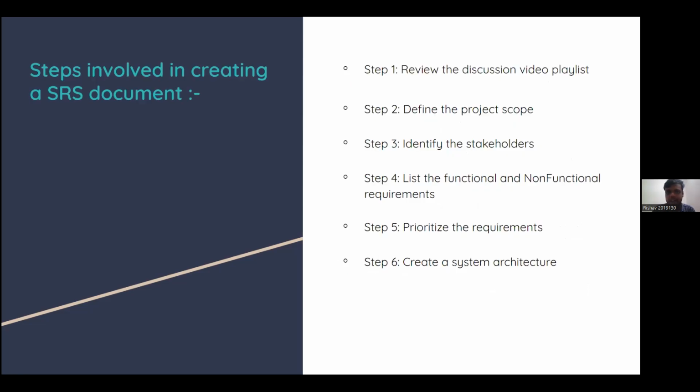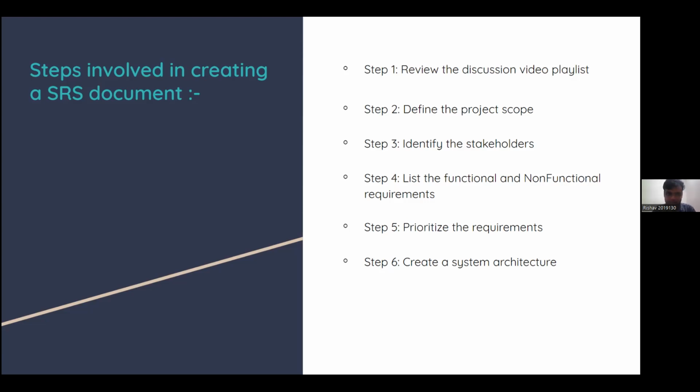And after that, the steps involved in creating an SRS document. Step one was to review the discussion video playlist, go through the full playlist and look at what it is showing. Then define the project scope, then identify the stakeholders.